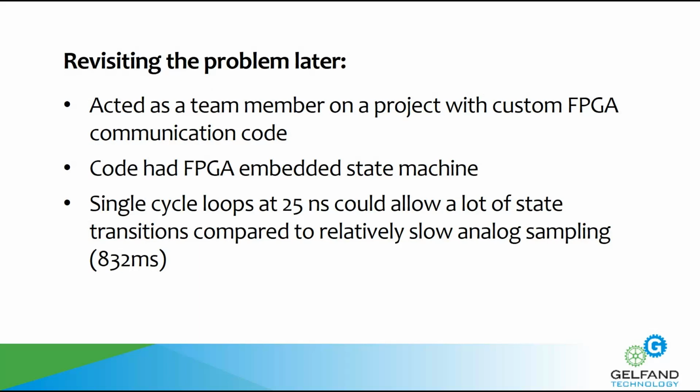And a single cycle loop at 25 nanoseconds could actually allow a lot of state transitions compared to my 832 millisecond sample time. So instead of trying to parallelize it the way I was doing, I had the thought of, could I get this time-weighted averaging by doing a state machine and implementing that in the FPGA?